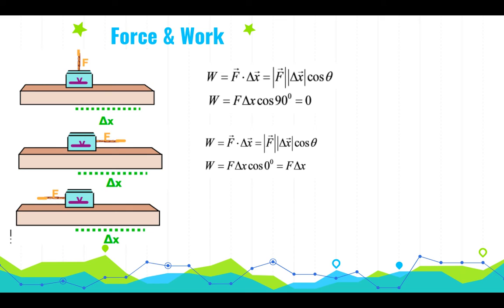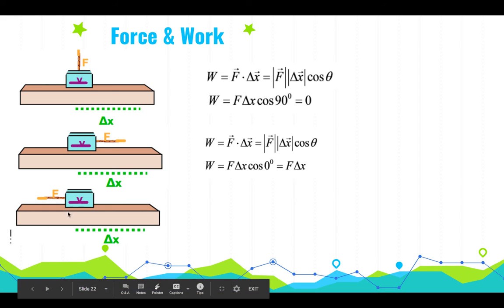But what force causes a positive displacement but acts in the opposite direction? Hopefully we're thinking friction. Friction can act to the left, but the object can still have a displacement to the right.